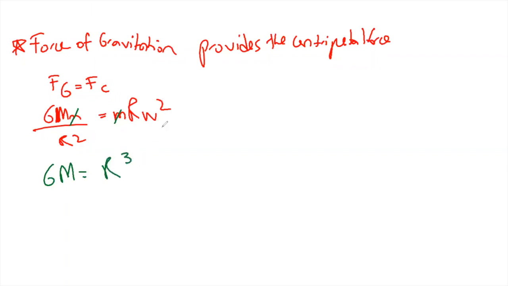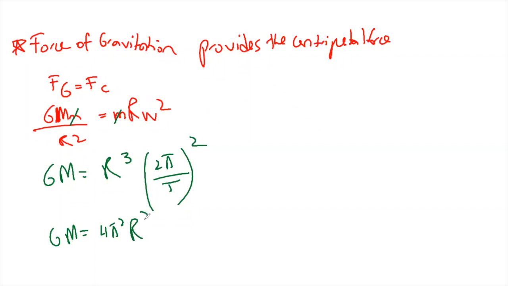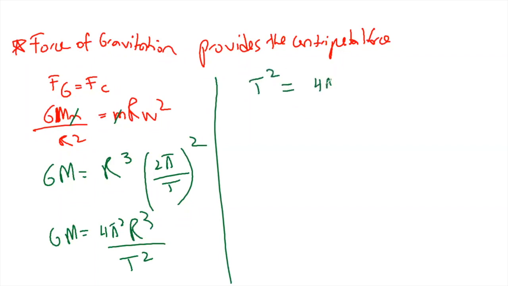And I'm going to substitute omega with 2 pi divided by time, because I need time, right? Squared. And GM is equal to 4 pi squared r cubed divided by T squared. And finally, I'm going to end up with T squared is equal to 4 pi squared divided by GM, times r cubed.